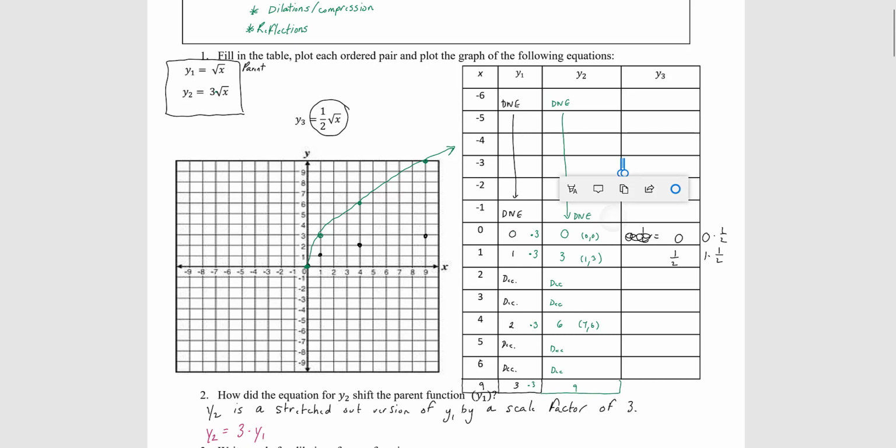Square root of 4 is 2, multiplied by 1/2 is 1, and the square root of 9 is 3, times 1/2 is 3/2 or 1.5.